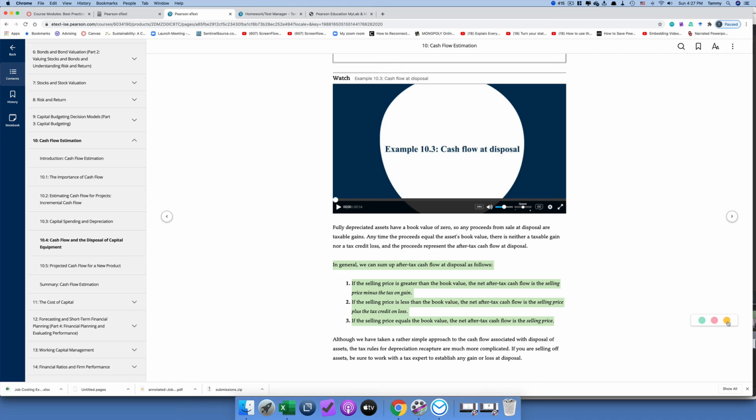Okay, if the selling price is greater than the book value, then the net after-tax cash flow is the selling price minus the tax on the gain. And if the selling price is less than the book value, then the net after-tax cash flow is the selling price plus the tax credit on the loss. And if the selling price equals the book value, then the net after-tax cash flow is the selling price.